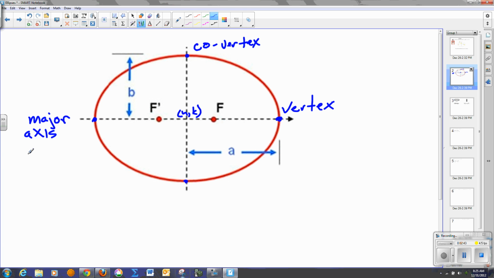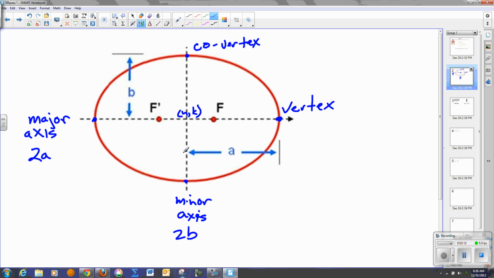So the major axis has a length of 2a. We call this other axis, which the covertices are on, the minor axis. From the center to a covertex has a length of b, so the minor axis has a length of 2b.